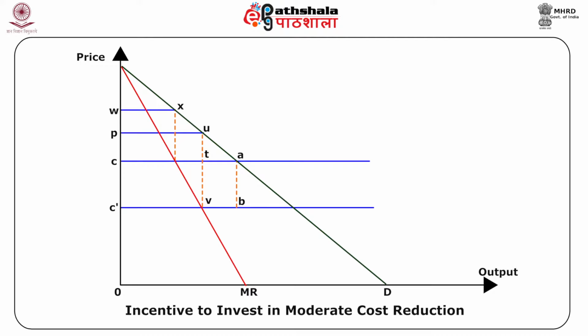Therefore, total royalty is equal to area C dash. The monopolized industry, in contrast to the competitive industry, sets MR equal to C dash after the invention, giving profits equal to area PUVC dash. The incentive to invent is PUVC dash minus WXYC as before. The incentive to innovate is less under monopoly.